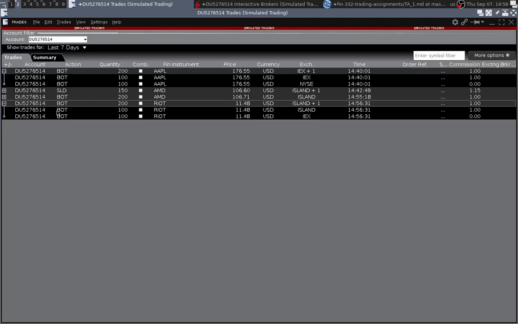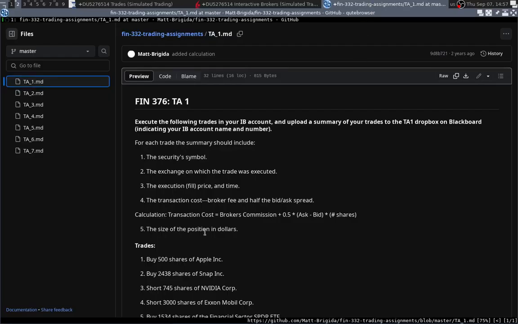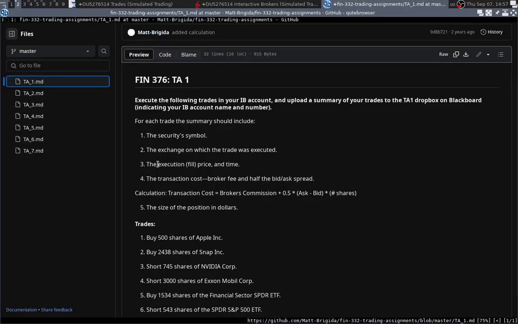Note, looking at Riot Blockchain, the stock that I just bought 200 shares of, the order was split to 100 shares at an exchange, Island, and another 100 at a different exchange, IEX. So when you're doing the assignment, and just in general when you're trading, notice that your order often gets sent to multiple exchanges. This is a very important aspect of modern markets, where your order is split up and sent to wherever it gets the best price.